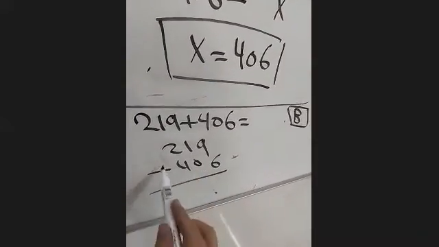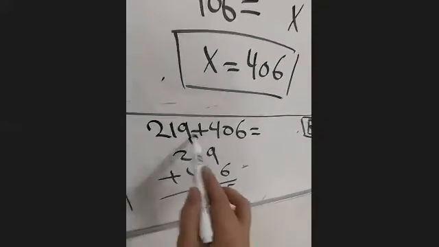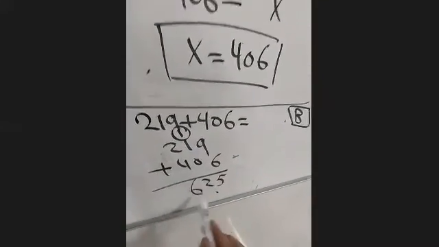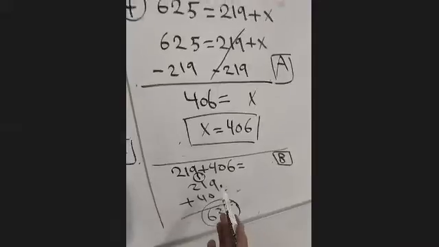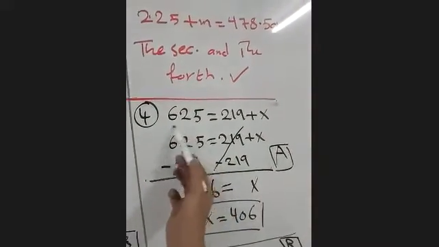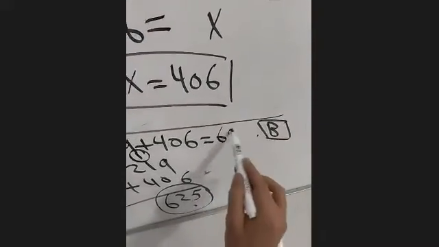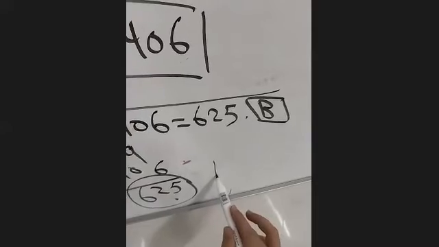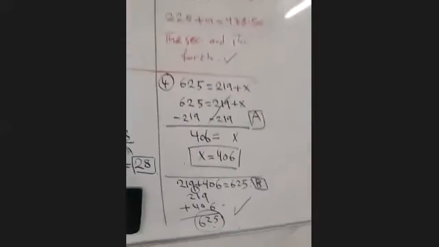Let's add normally. This equals 625. The answer here equals 625. So Jad's answer is correct.